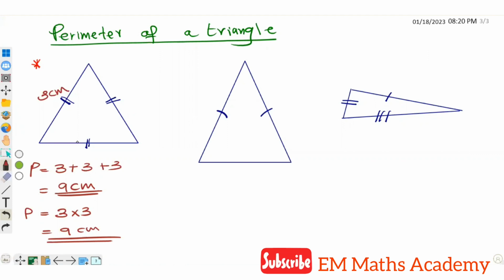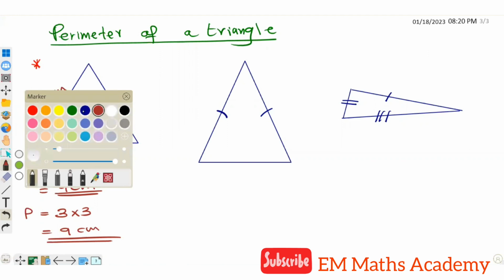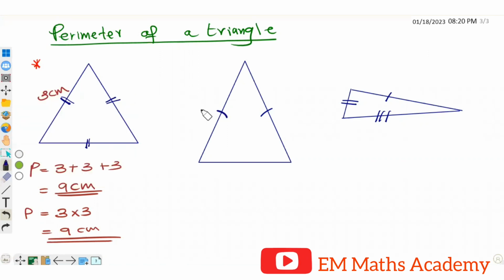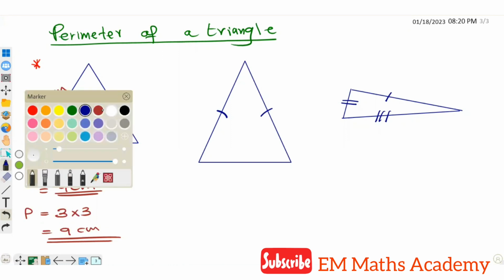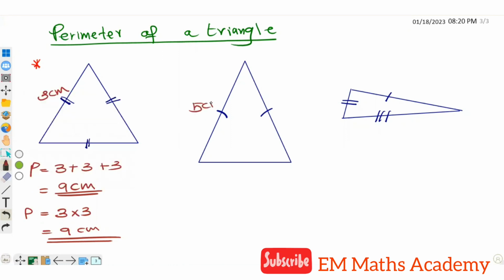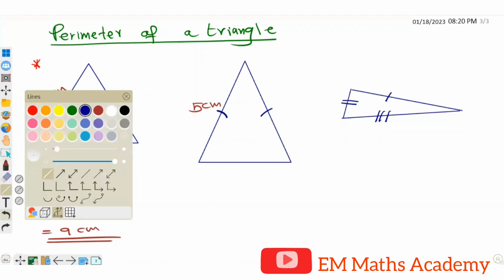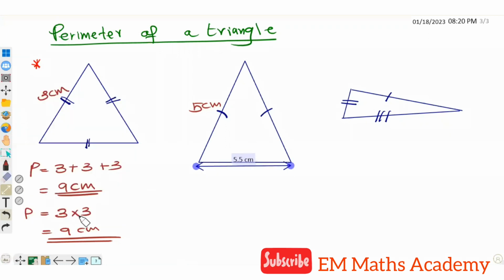Now in this one, you are given that the length of this side is 5 centimeters. And you should also be given the length of this side, because we don't know its length.